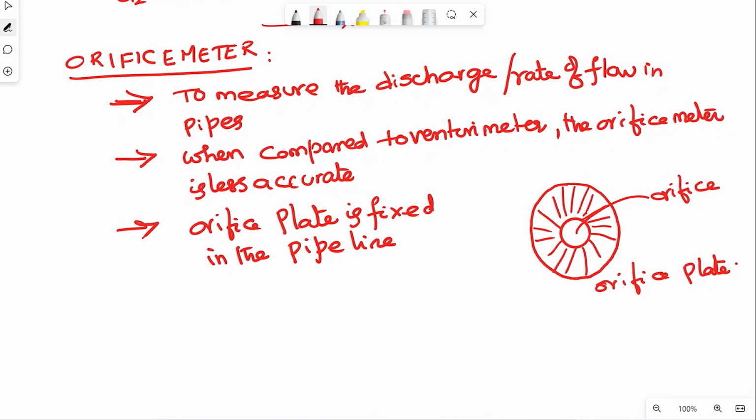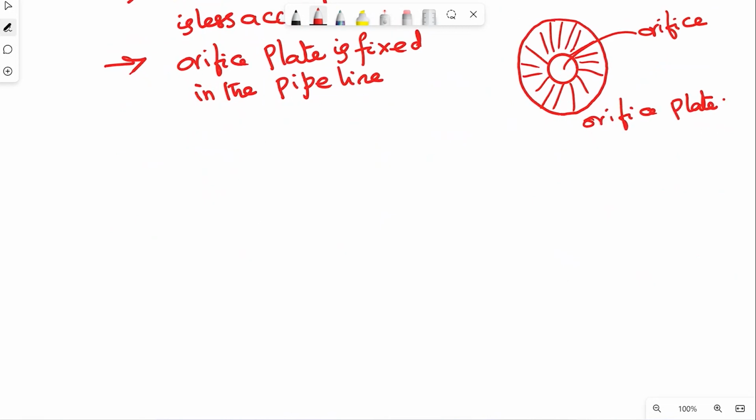orifice meter. But how does it look once we fix it in the pipeline? For example, suppose this is a pipeline, right? Now let us take the pipe thickness also, this is the pipe thickness here, and this is the pipe thickness here, just for example.